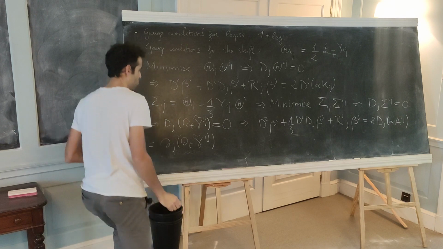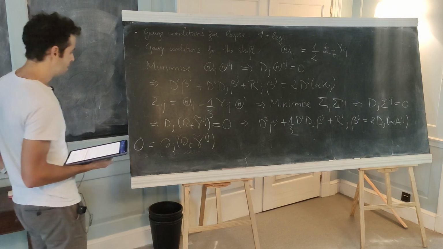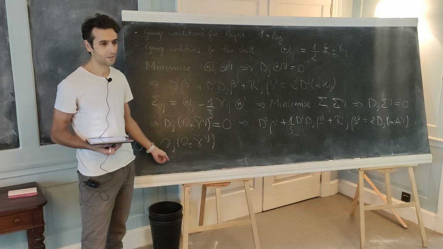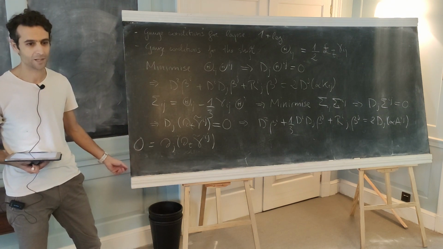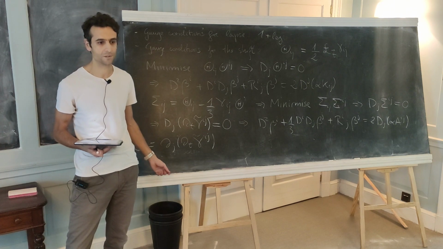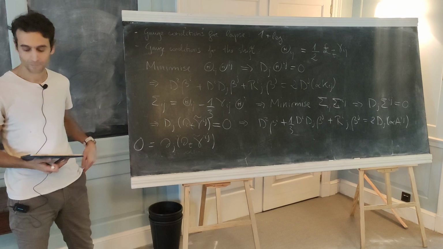Okay, one could choose to impose this equation instead, and I'll write it out in a second. It turns out that this is an equation that Dirac himself proposed when he was studying the analogue of radiation gauge in general relativity. So it came from a completely different context.